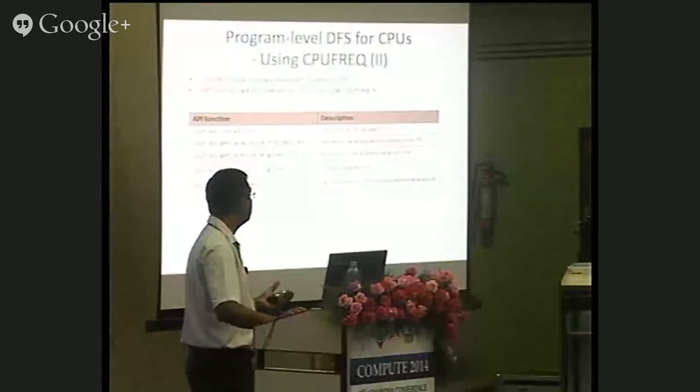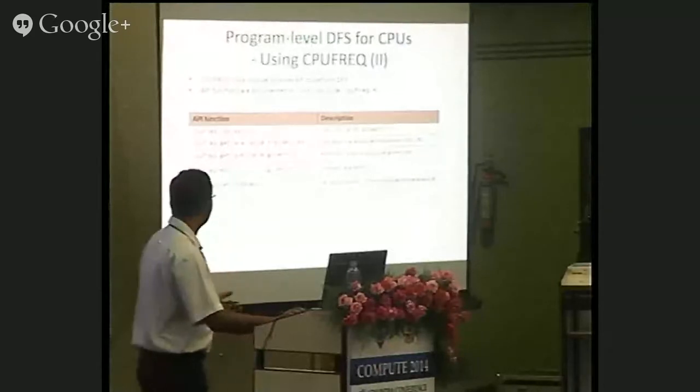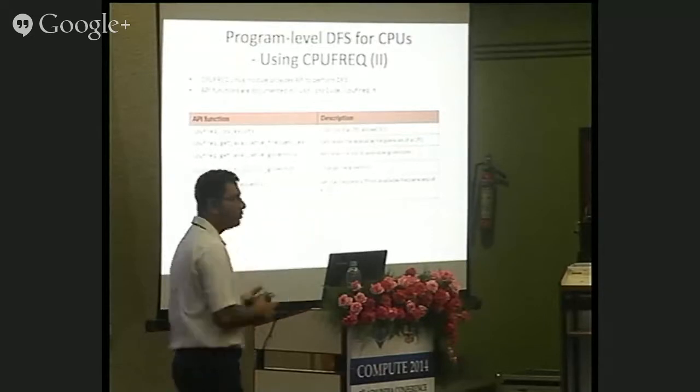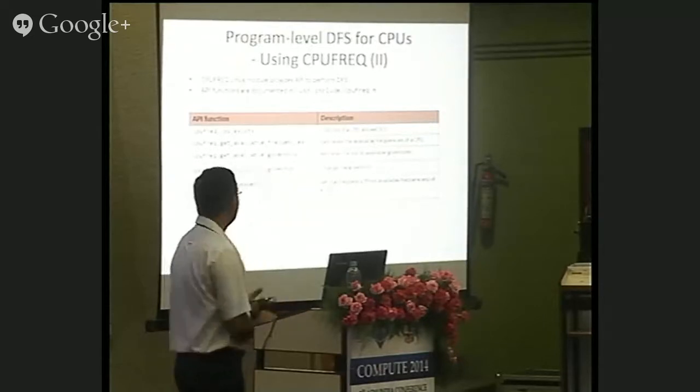What I want to mention here is that the DFS technique can be done on the fly as your program is executed. That is also possible. The API functions listed in this table are well documented, and you can go to a Linux system and check the cpufreq.h header file.